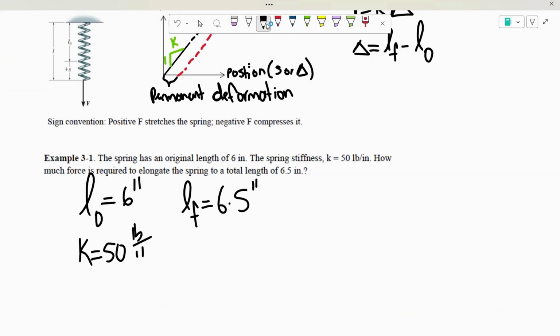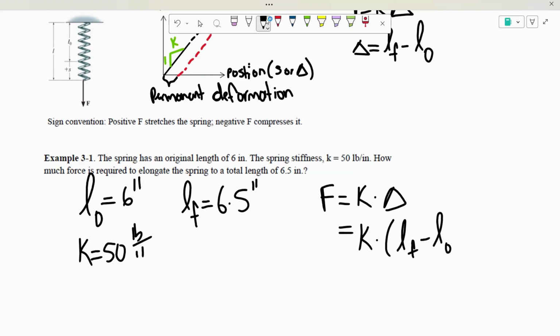With that, we're going to start off using this equation, sorry, wrong one, where the force is equal to the stiffness times delta. If we rewrite that, delta is equal to the final length minus the original length.